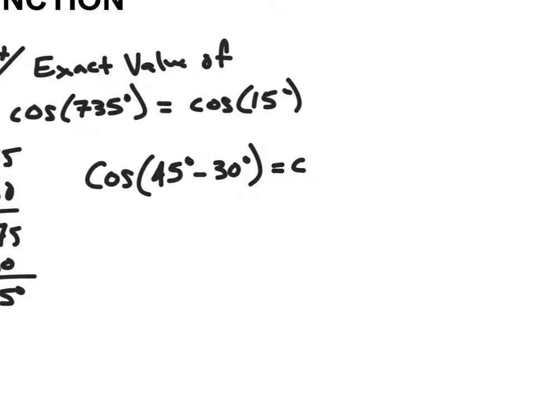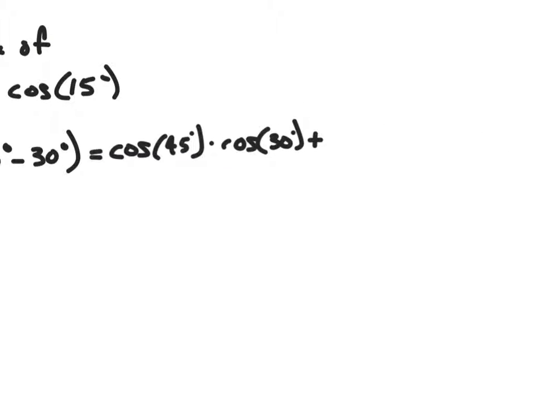So I'm going to do cosine of 45 degrees times cosine of 30 degrees plus sine of 45 degrees times sine of 30 degrees.